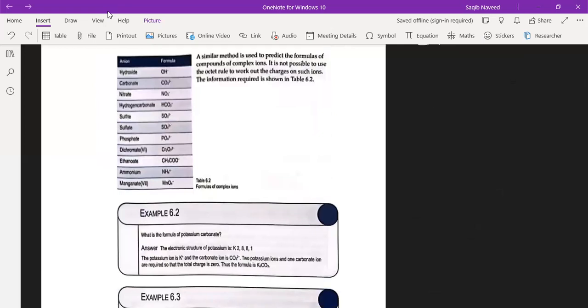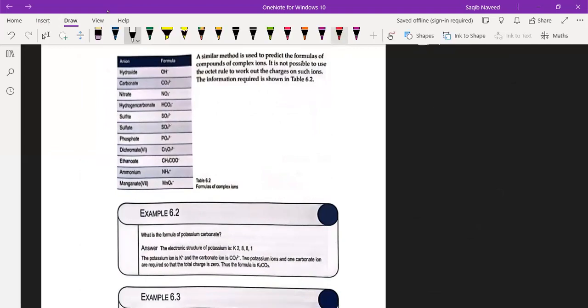If you remember, we studied in the first lecture about hydroxide, OH minus, carbonate, CO3 2 minus, and all that. Where are they used? They are used in making a formula. Do you remember? For example, what will be the formula of sodium carbonate?